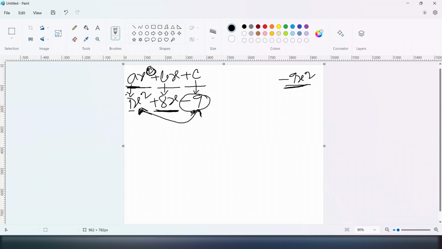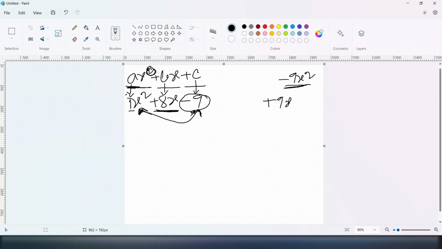So first you have to get a number where you can add and subtract and get back the value of 8x, right? So you can distribute 8x in a way like you can write 9x, right?